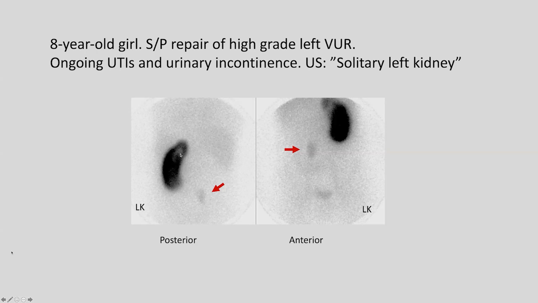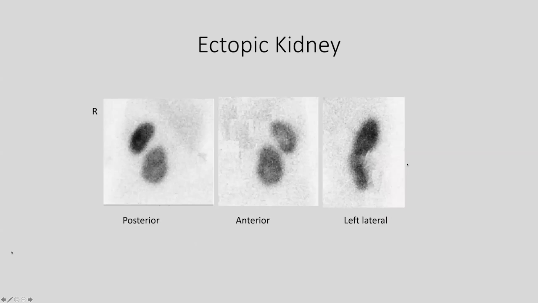And obviously that kidney is not normal, but this is not the issue. The issue is that there is another kidney, which is ectopic, lower down. This is from the anterior projection, that's from the posterior projection. So indeed, this was not a solitary left kidney. It was a kidney, but it couldn't be detected in this case by ultrasound.